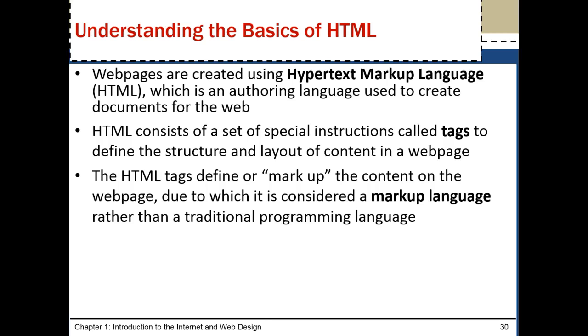Those tags define the structure and layout of the content of the web page. HTML tags define markup of the content on the web page, which is why it is considered a markup language rather than a traditional programming language. So in HTML, we have an open tag and also a close tag for a lot of things.